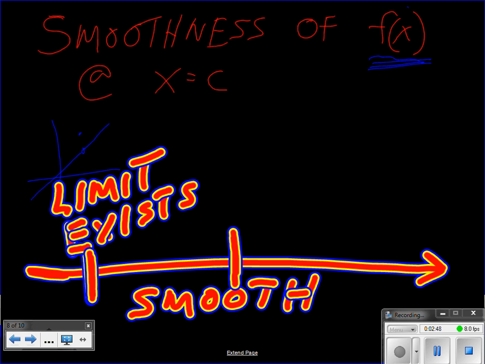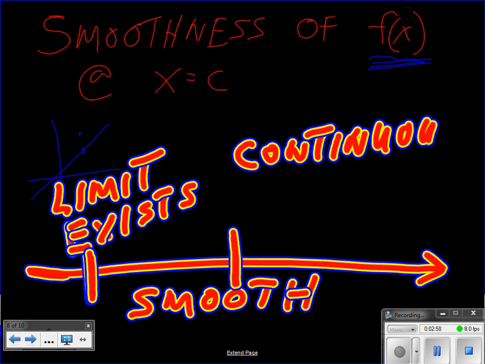Now here, if it's even more smooth than that, at this point we say it's continuous. So notice the graph goes from right to left. What I mean by that, if a limit exists, it doesn't mean it's continuous. But if it's smooth enough to be continuous, then the limit must exist.